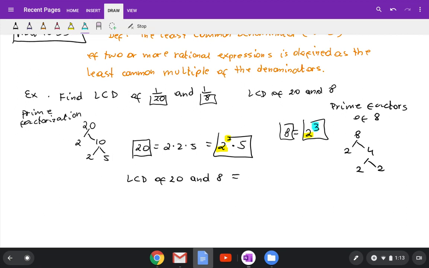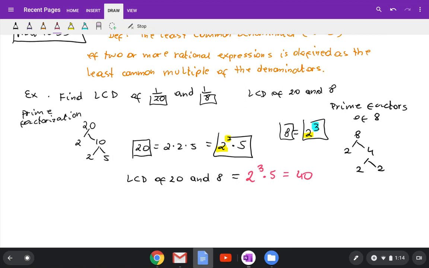So we're going to have 2 to the third power. The 5 does not repeat, so you just copy it down and multiply times 5. So 2 to the third power is 8, times 5, which is 40. So the least common denominator of 20 and 8 is 40.